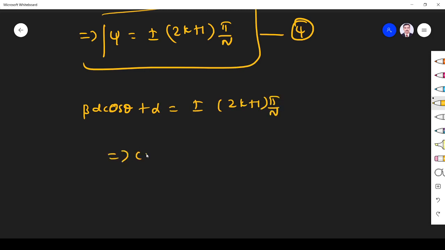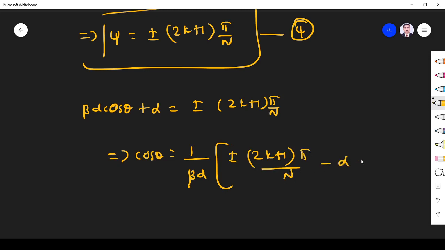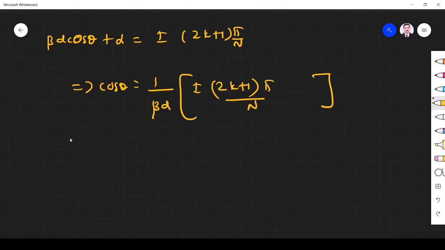This implies cos theta is equal to 1 by beta d, I bring everything to this side, plus or minus 2k plus 1 pi by n minus alpha. But for a broadside array, alpha is equal to 0, so I cancel it. So now we define the minor lobe maximum.